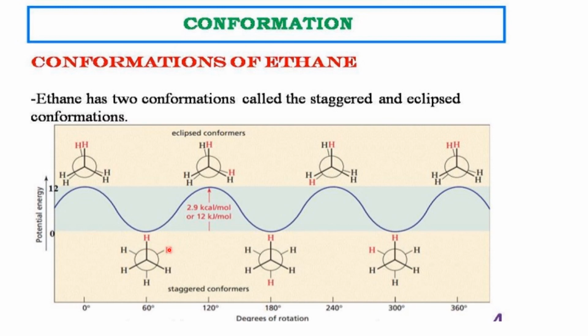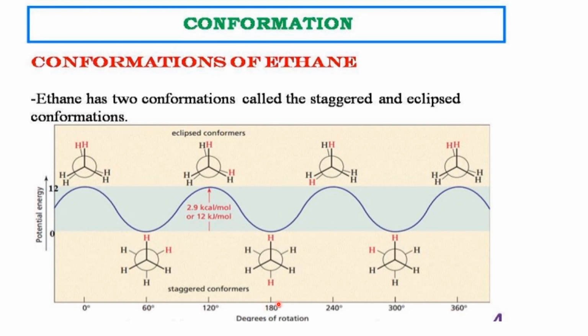The rotation is again possible, so it moves to another eclipsed conformation. In this eclipsed conformation, the hydrogen atom of the first carbon atom and the hydrogen atom of the second carbon atom are in the same plane. Again the rotation occurs, and it moves to another staggered conformation where the dihedral angle is 180.